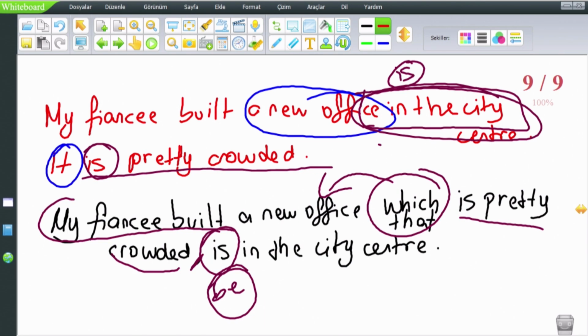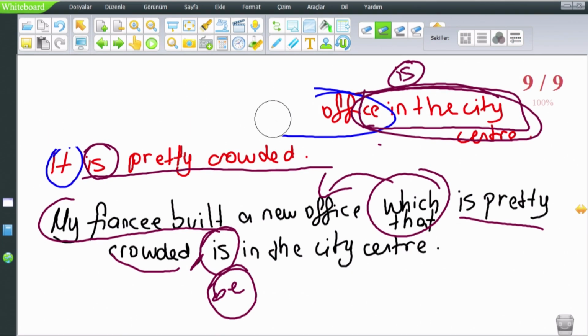But let's say that I want the extra information to be the other sentence. I would write it like this. Let's clean here.